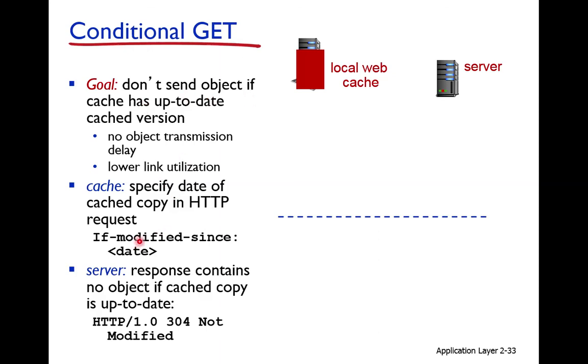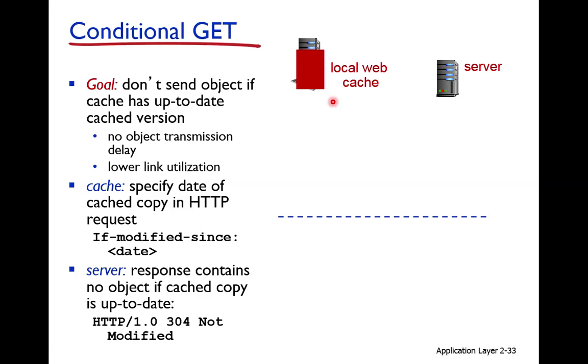For example, in the If-Modified-Since header, what will be the date? The date that was received in the response message, the last modified date, that was received in the previous response, will be kept here. And the cache will send a request message with the If-Modified-Since. So if the object is modified after this date, then the server will send the updated copy. If it is not modified after this date, then the object is not sent.